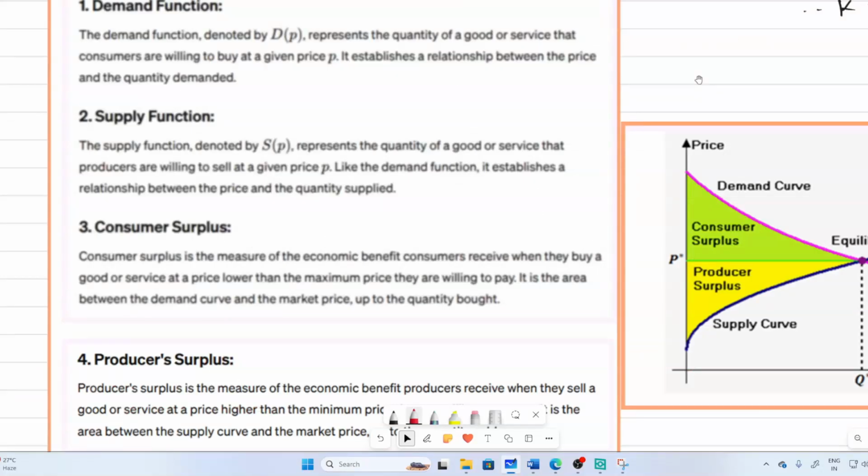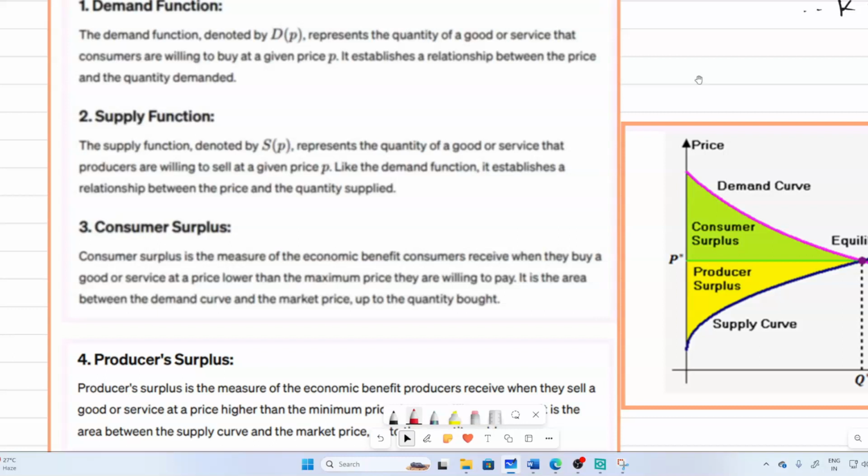Next part of application is consumer surplus and producer surplus. You have practiced sums. I just remind you what that is, how to calculate it quickly, and what technique you will follow when answering a question in the exam. Firstly, you have to understand what the demand curve is and what the supply curve is.